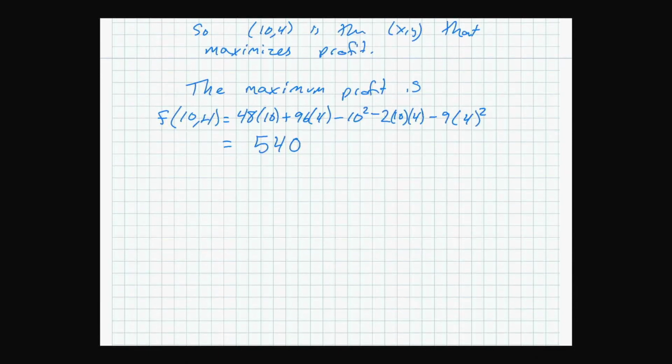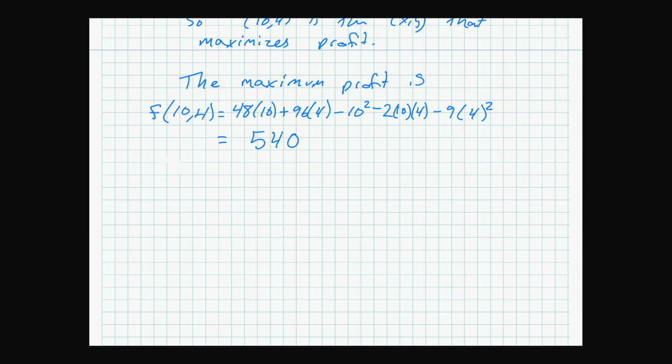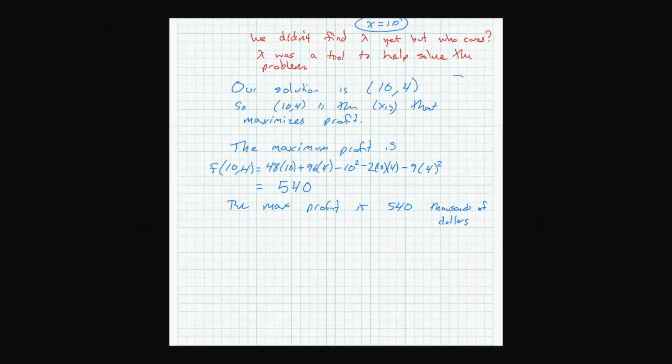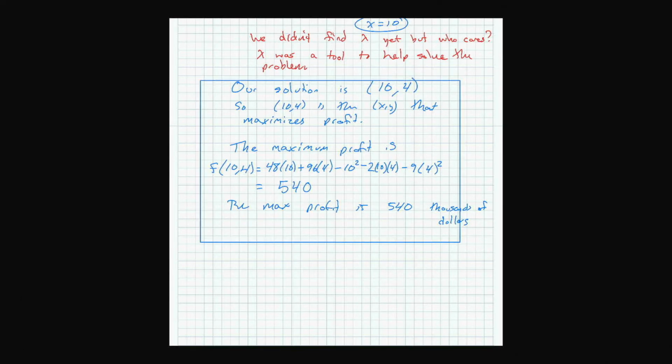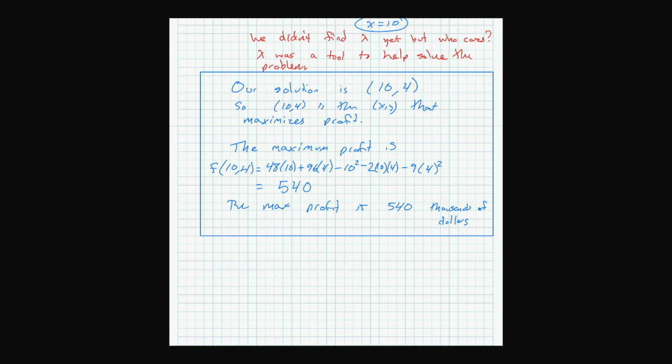So the max profit is 540, and that's thousands of dollars, which I didn't write until now, but I am writing it now. All right, so that is your answer to the question. And that's Lagrange multipliers. So lots of fun.